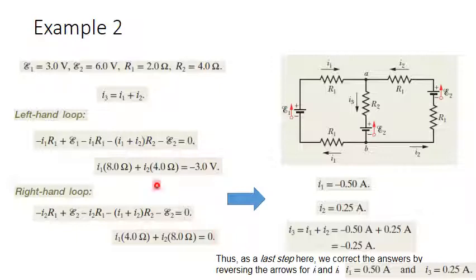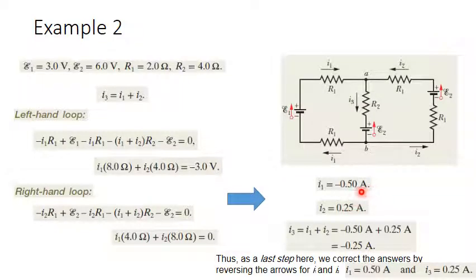Now we have two equations, two unknowns. If I1 plus 4I2 equals minus 3, and 4I1 plus 8I2 equals 0, we solve these two equations simultaneously. We can obtain I1 equal minus 0.5 amperes and I2 is 0.25 ampere.